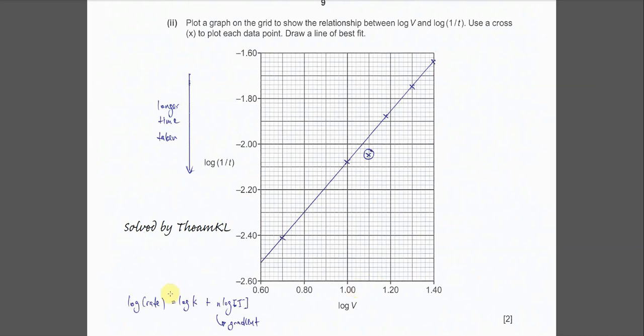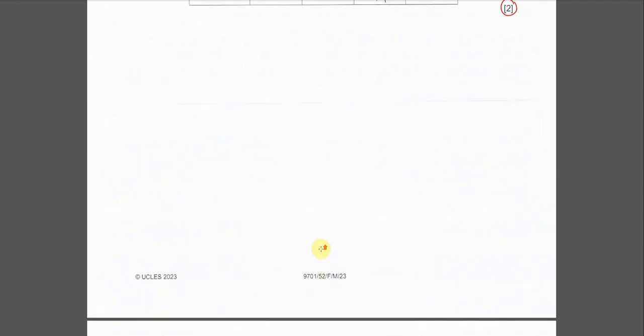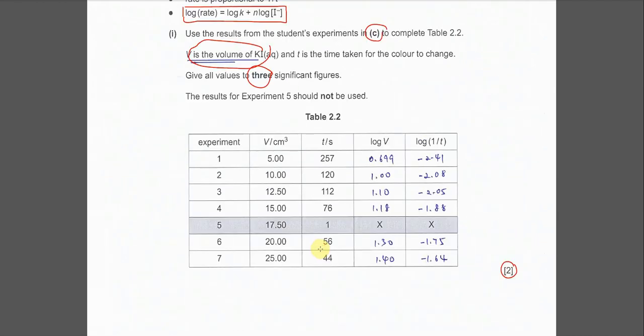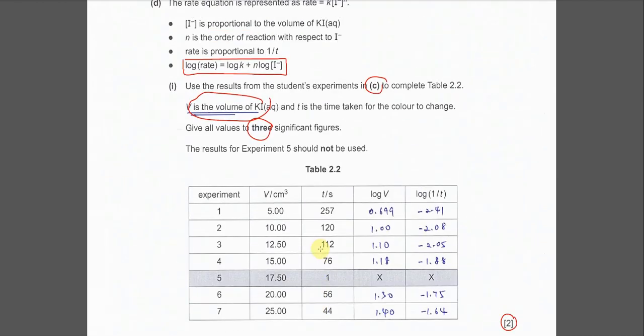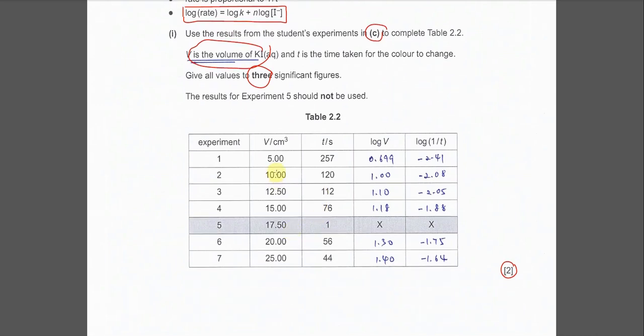Now from here we know that this is log 1 over T, meaning the rate, versus log V. Log V is actually the volume of KI. Volume of KI is directly related to the concentration, so 5 cm cube, 10 cm cube, and so on, right?